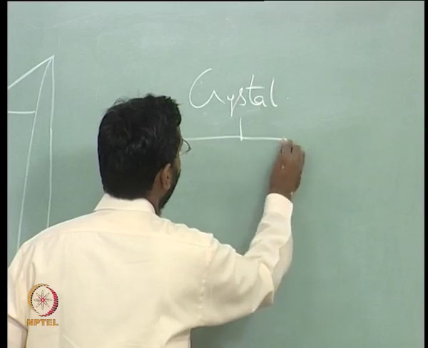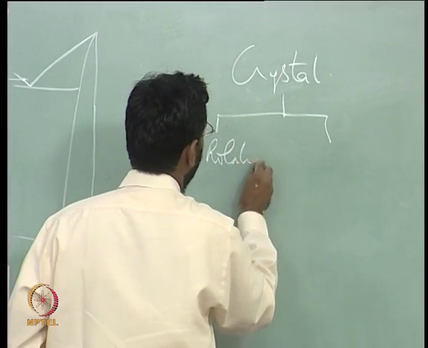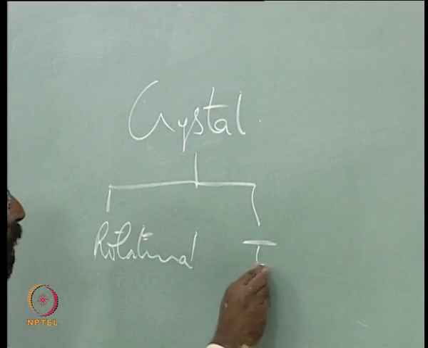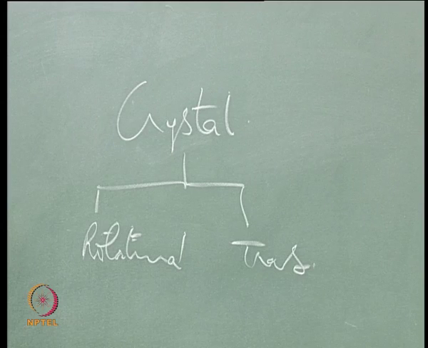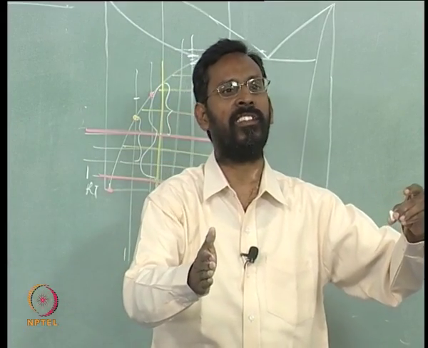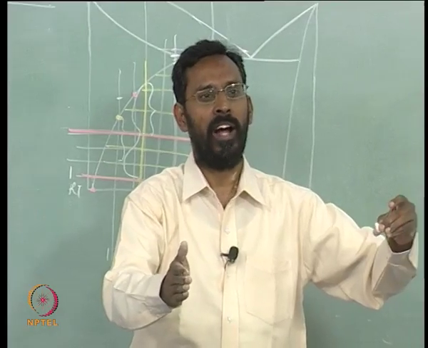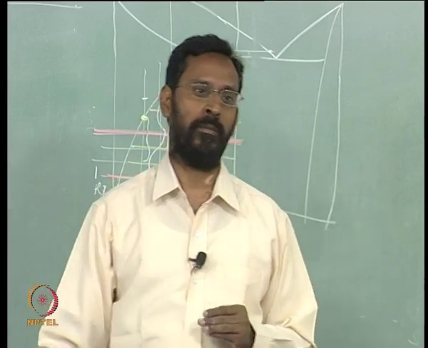Any crystal has two types of symmetries. One is called rotational symmetry, another is called translational symmetry. Have you heard of this? Translation symmetry means if you take an atom here and go in a particular direction by a particular unit distance x, let us say, you find another atom, and in the same direction, move by another x, you should find the third atom.